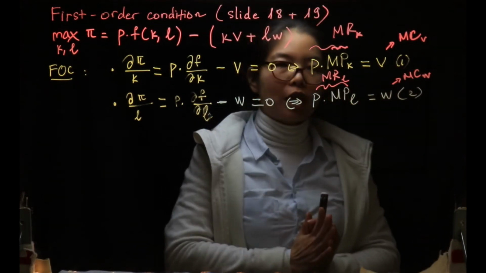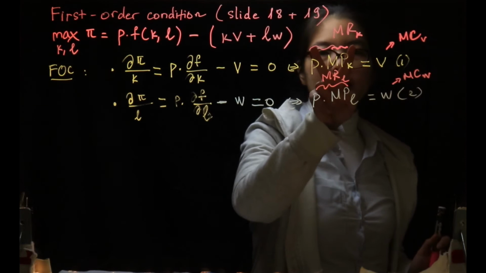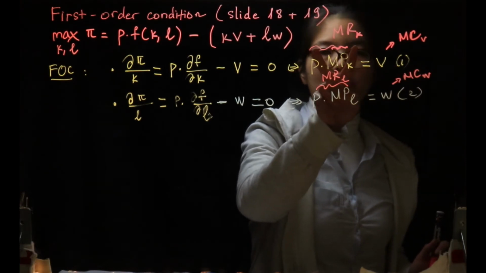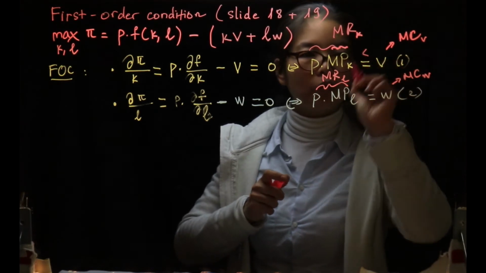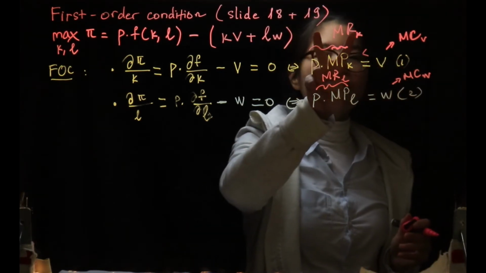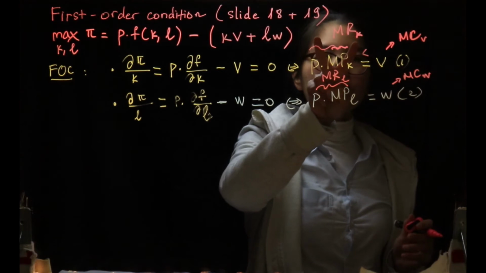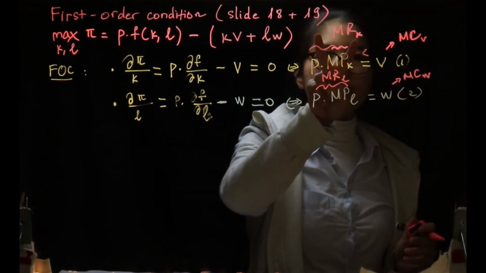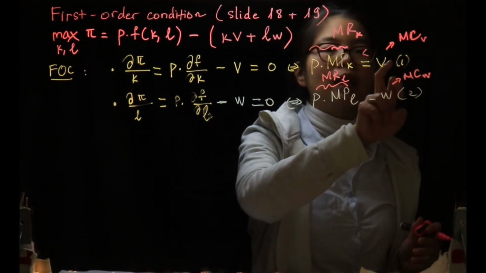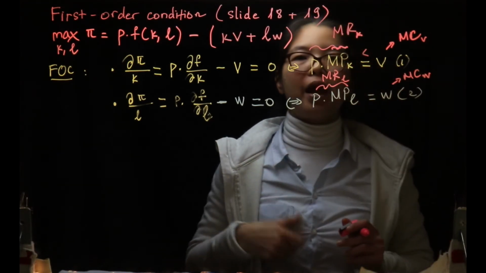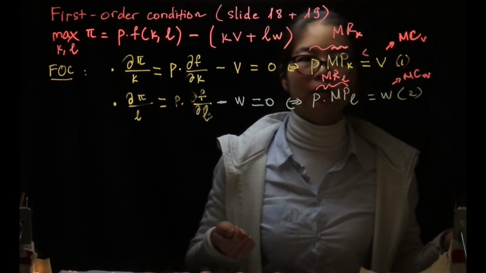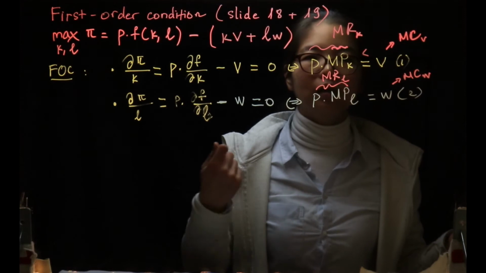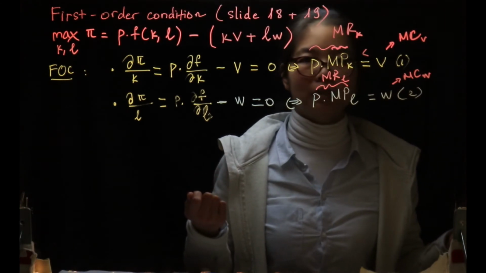Why is it not smaller or larger? Because, for example, if on the left hand side it's smaller, that means what you earn from employing that unit of input capital is less than what you have to pay for it. And in this case, your profit is not maximized, right?